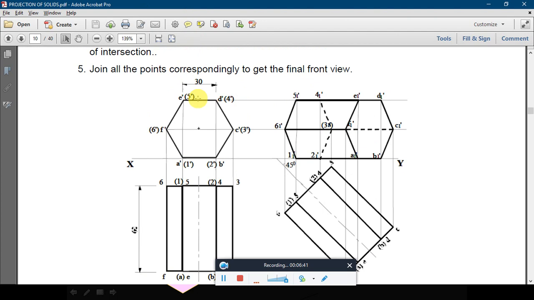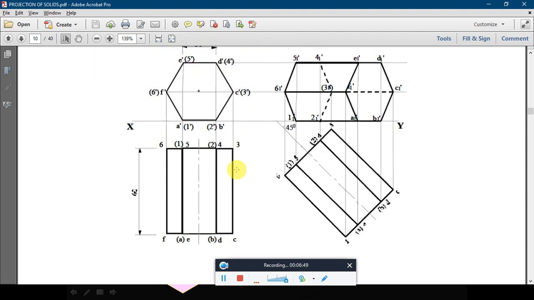This 2 is hidden, 4 is visible and 3 is visible. One base is having the numbers, the other base is having the alphabets. Okay, fine.